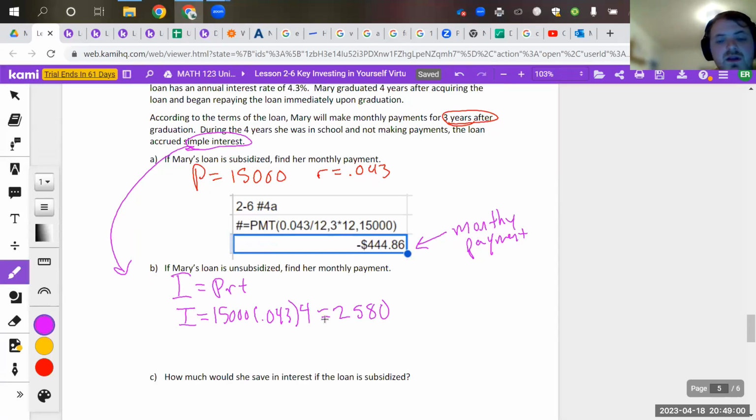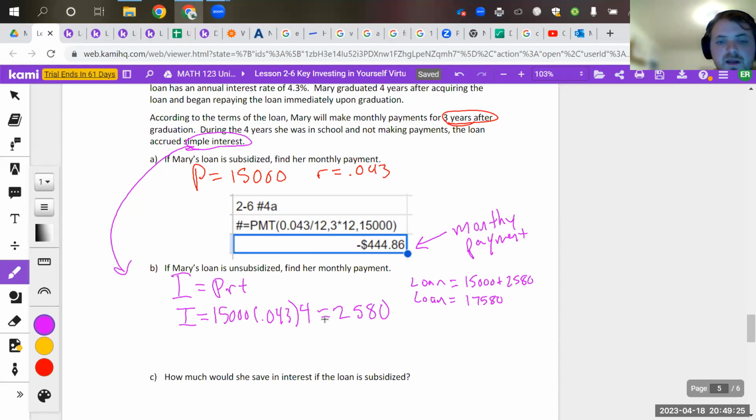And so her actual loan that she has to start paying back is going to be that $15,000 plus the $2,500. Okay. So her actual loan is going to be $17,580.